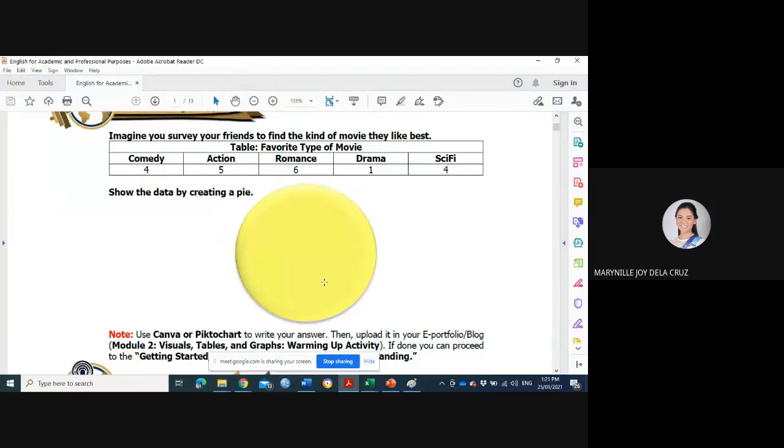What I want is to see how much you've learned in creating a pie based on the different information that I gave you in the module. Yes. And I want you to show me some of the examples that you made, like for example, how did you do it?